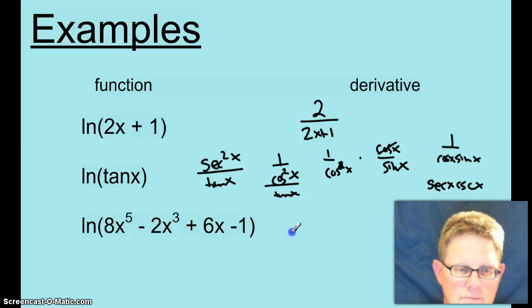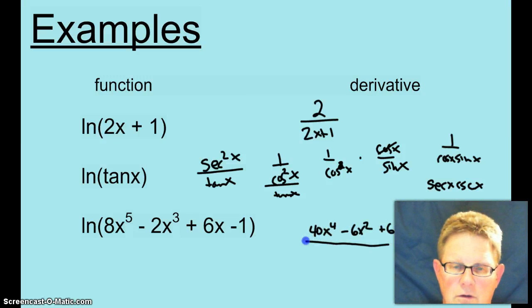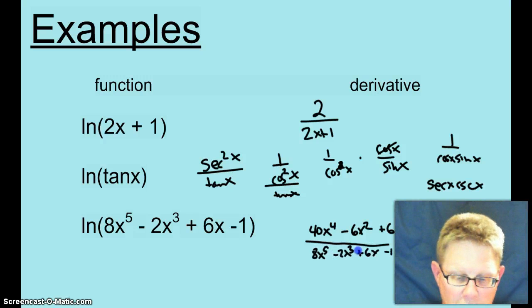Alright, the next one. The derivative of the inside, 40x to the 4th minus 6x squared plus 6, all over 8x to the 5th minus 2x cubed plus 6x minus 1.